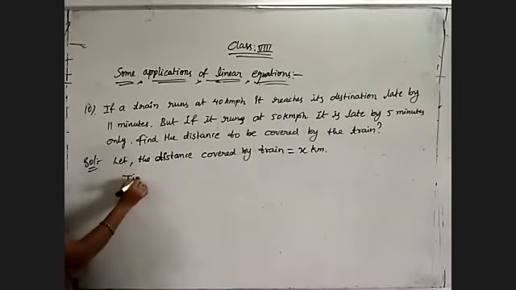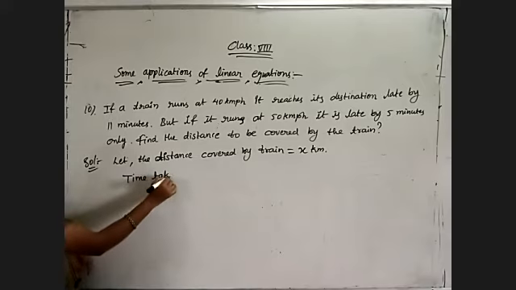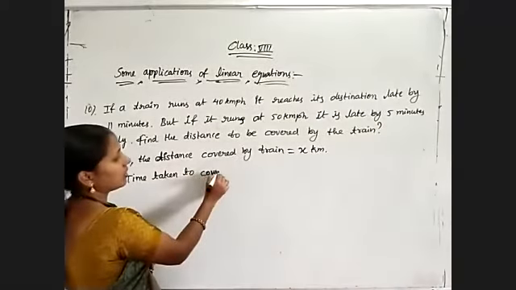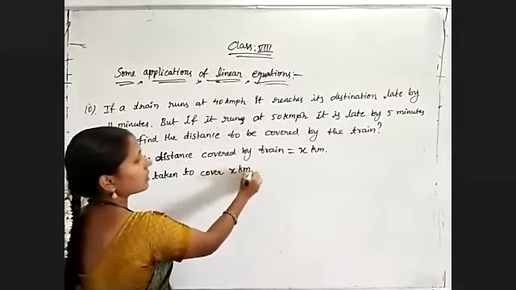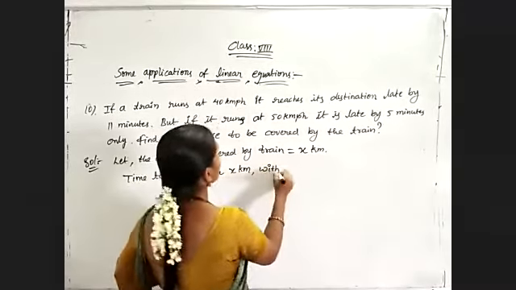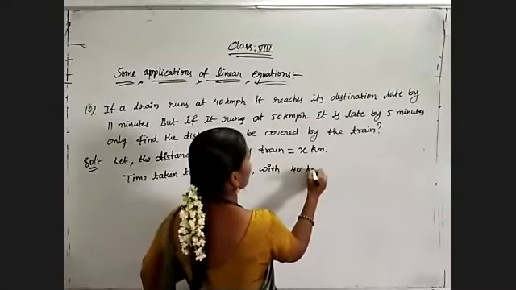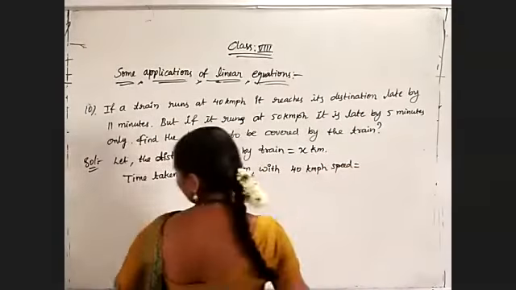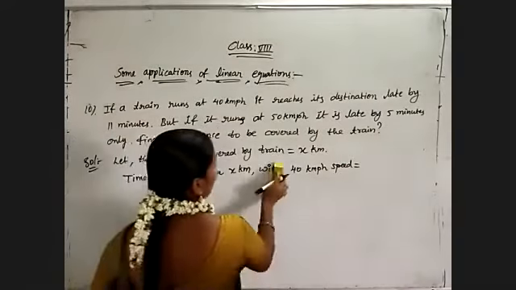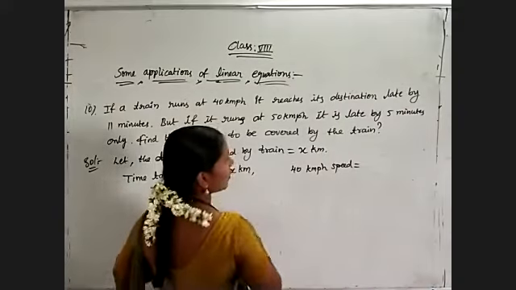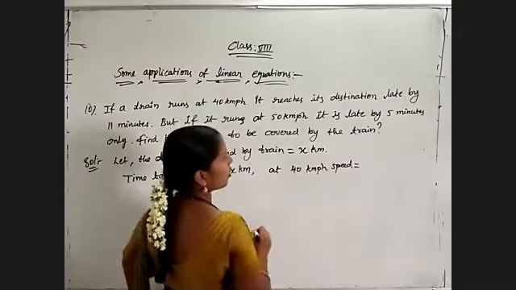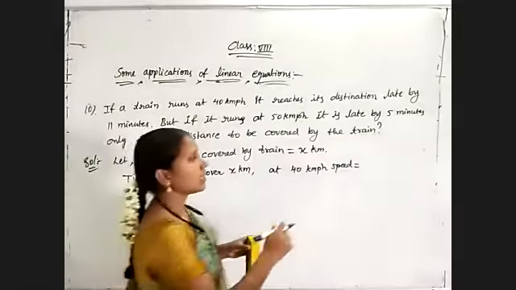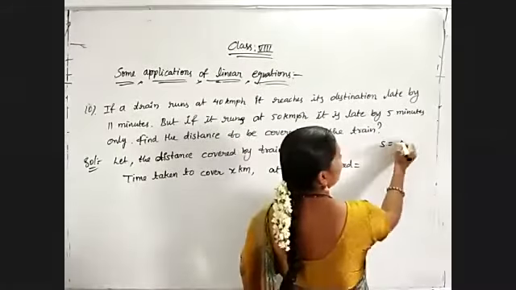Okay. Now, time taken to cover X kilometers with 40 kilometers per hour speed. Speed is equal to distance by time.